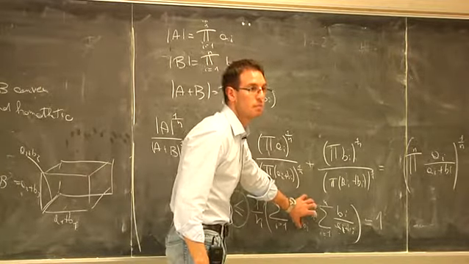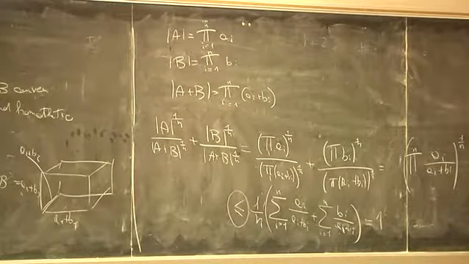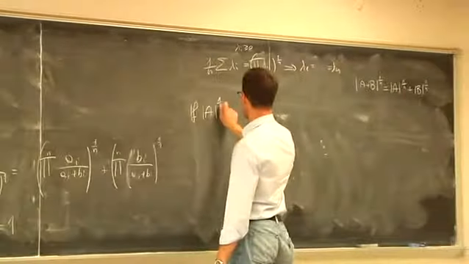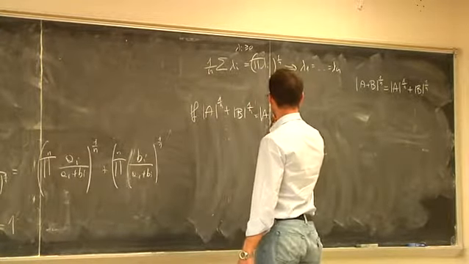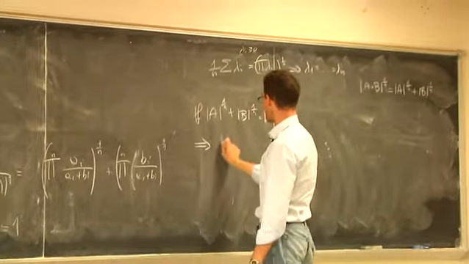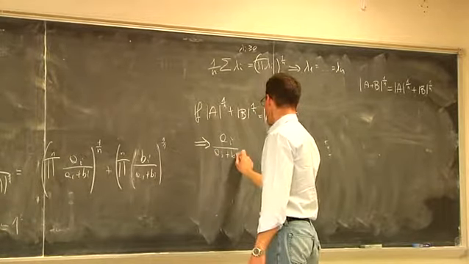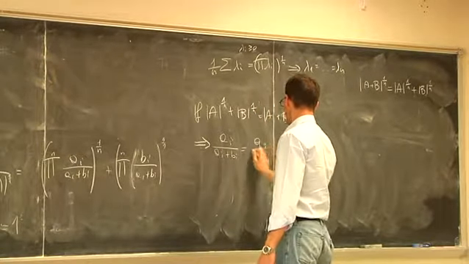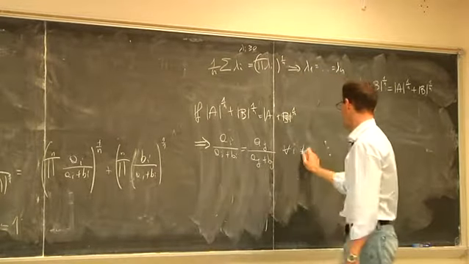So if the measure of A to the 1 over n plus B to the 1 over n was equal to A plus B to the 1 over n, then you will deduce that a_i plus b_i is equal to a_j plus b_j for every i different from j.